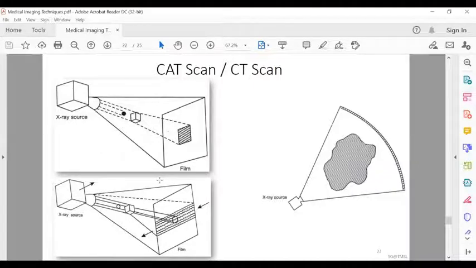So if the X-ray source and film are simultaneously moved in opposite direction, in the lower diagram you can see it. For a given combination of source and film velocities, objects will appear to remain stationary with respect to the film during the movement in one single plane perpendicular to the path of the rays.